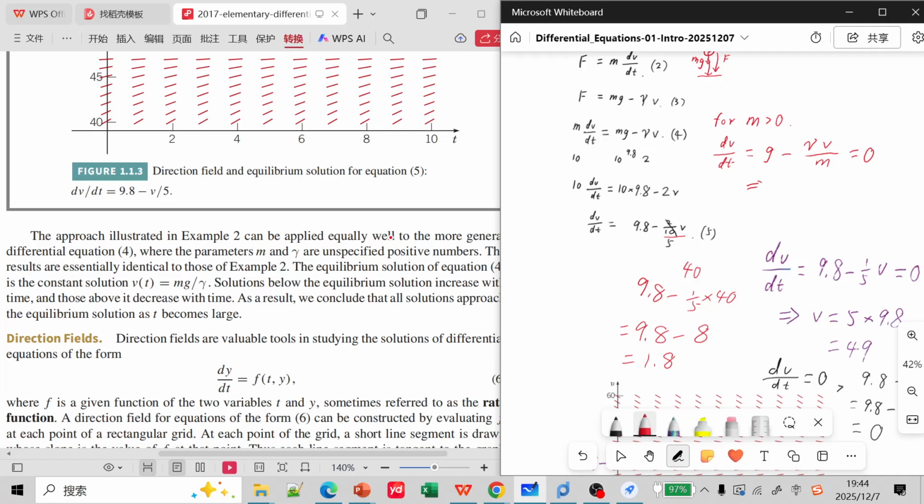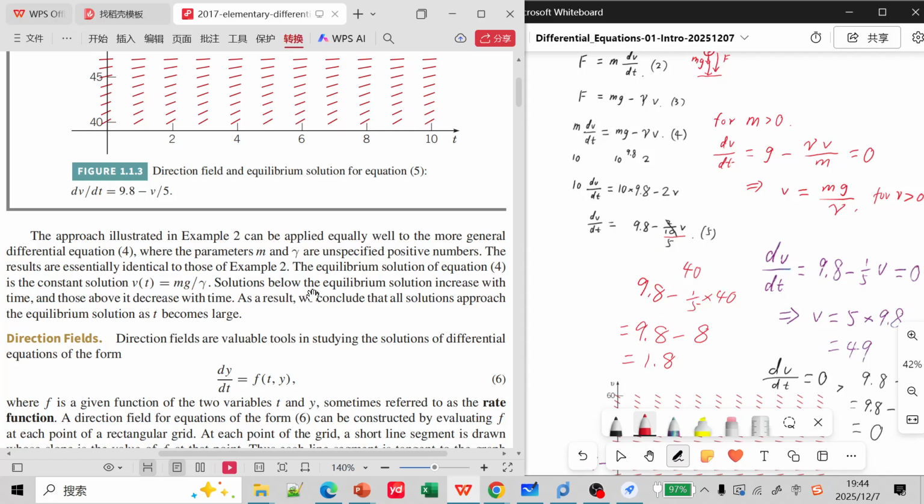Then we can get the solution of v, which should be m times g over gamma, for gamma greater than 0. So this is how this term comes about.